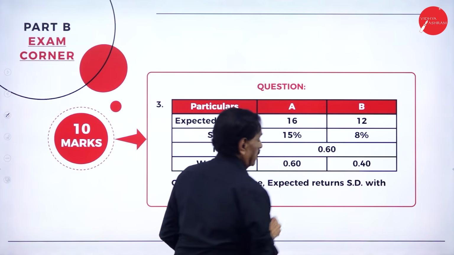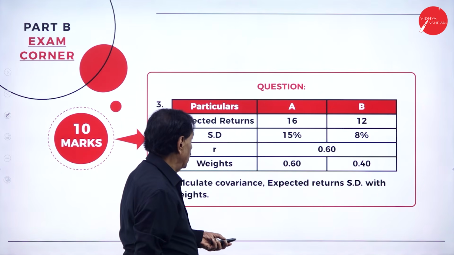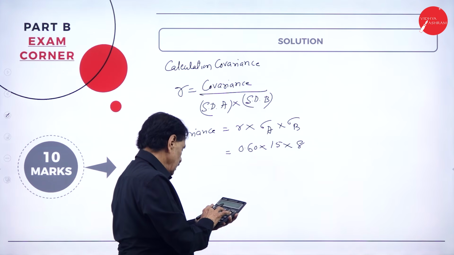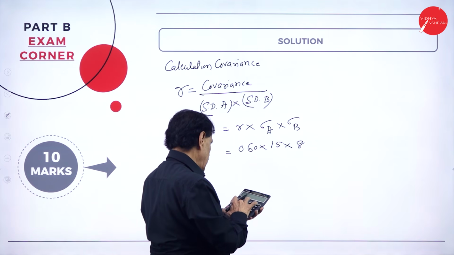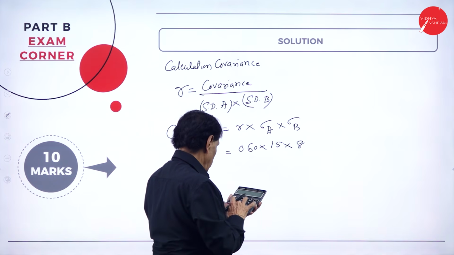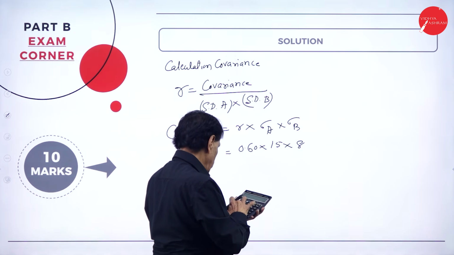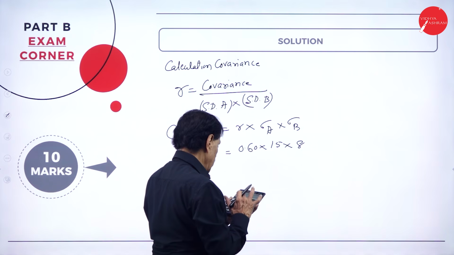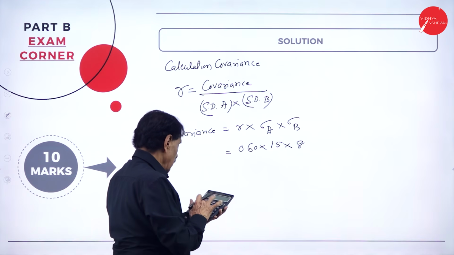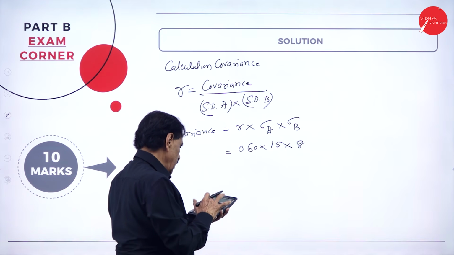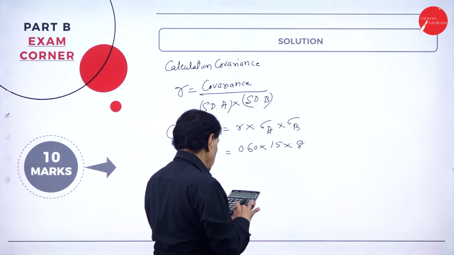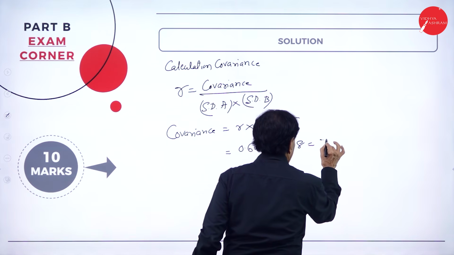Multiply 0.60 into 15 into 8. 15 into 8 is 120, 120 into 0.60 is 72. 72 is the covariance.